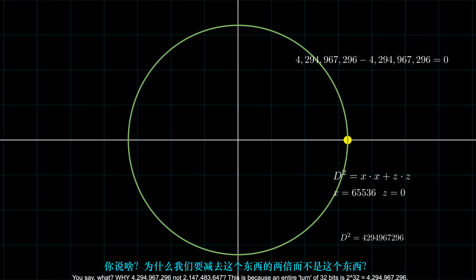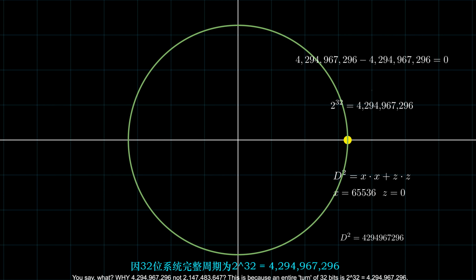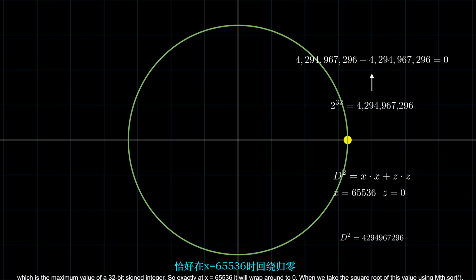Why do we need to subtract 4,294,967,296 and not 2,147,483,647? This is because the entire range of 32 bits is 2 to the power of 32, while 2,147,483,647 is the maximum value of a 32-bit signed integer.